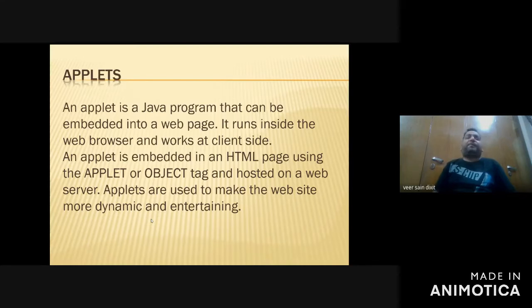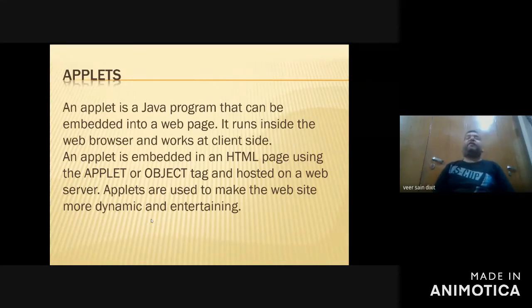That's why we say that Java programs are portable and platform independent. But when you are running Java applet programs, they will be executed through the HTML browser. It means every browser will have the Java virtual machine, and through that Java virtual machine, applets will be executed.